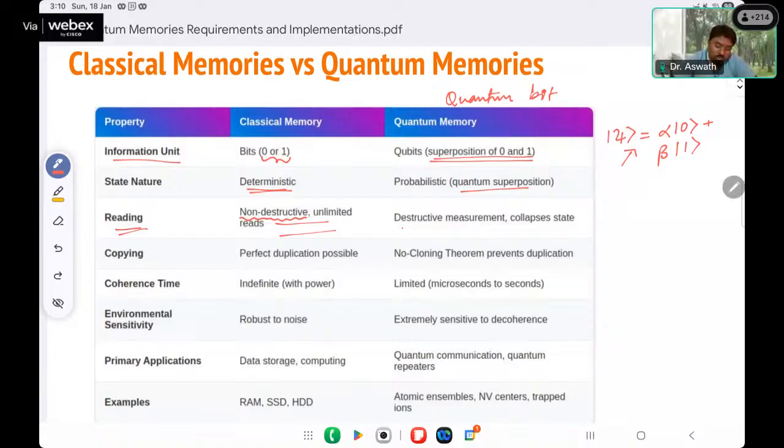Why am I saying non-destructive? Because when it comes to quantum memory, if I try to read it, the measurement, by nature in quantum mechanics, destroys the nature of the quantum state. It is just like use-and-throw material. I take the material, use it, and there is no further use, so I have to throw it off.